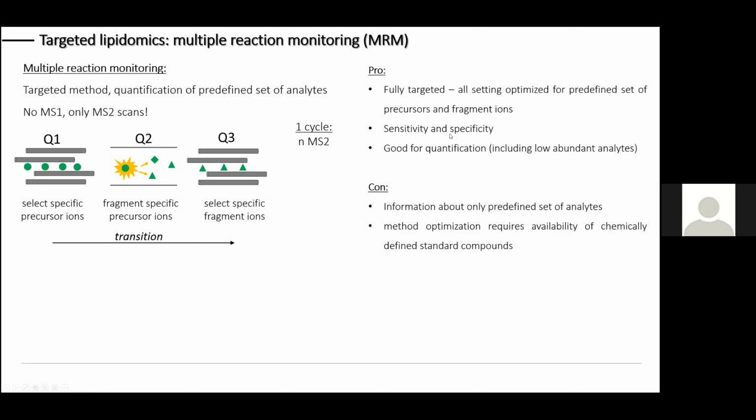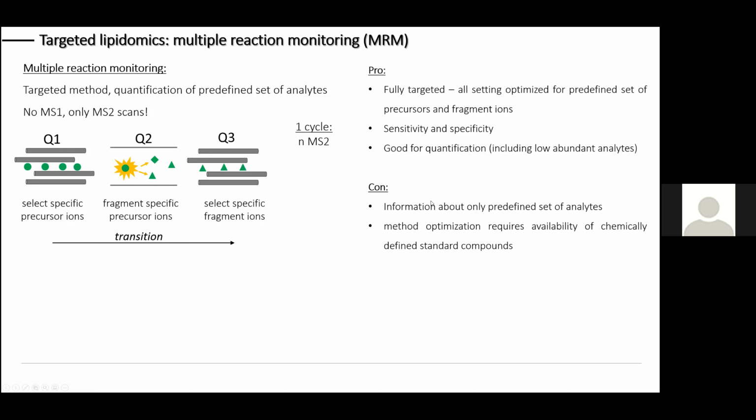Since we also know this combination between precursor and fragment, and often we can also provide the retention time, those methods also provide a high specificity. These methods are usually very good for quantification, including low abundant analytes, because again, we are very targeted, so we can be very sensitive.